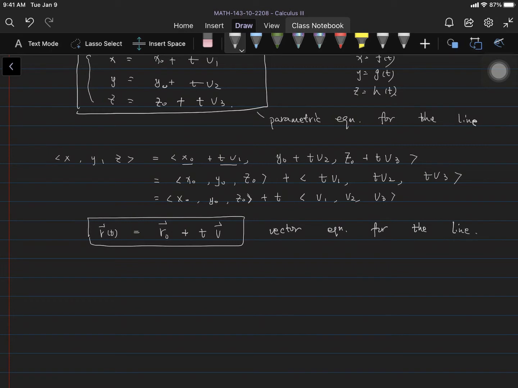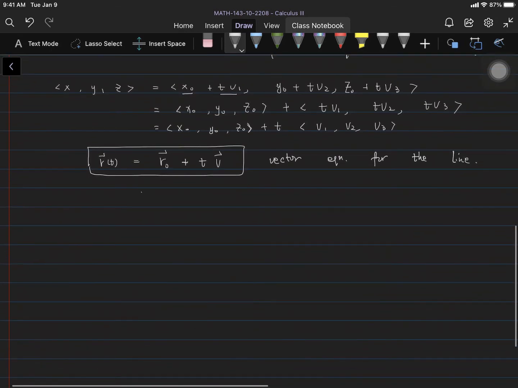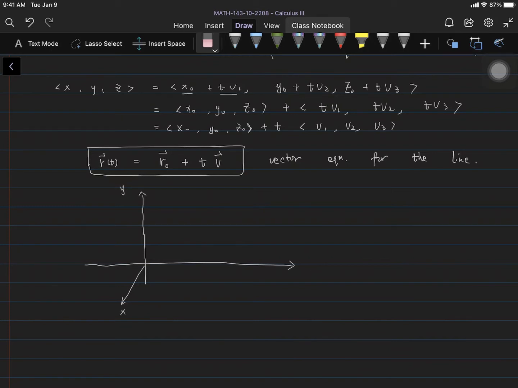So there are two kinds of equations. For the vector equation for the line, I can show you in the graph what the meaning is. Let's do 3D x, y, z. Before, we have a P naught and we know the direction.